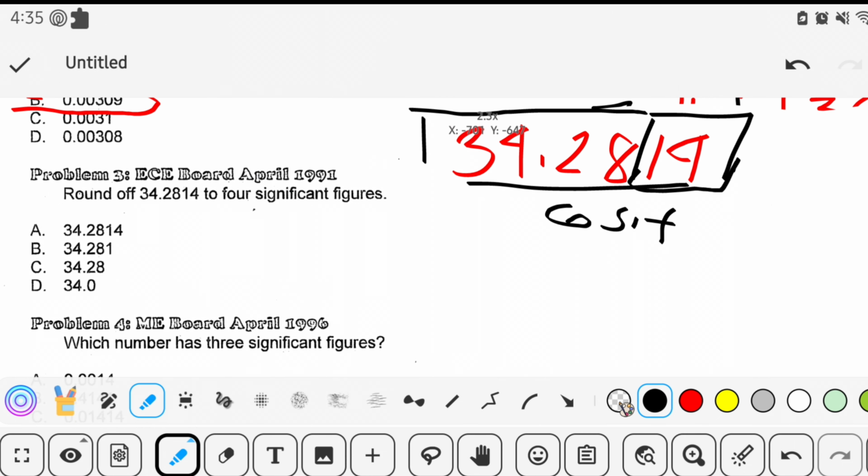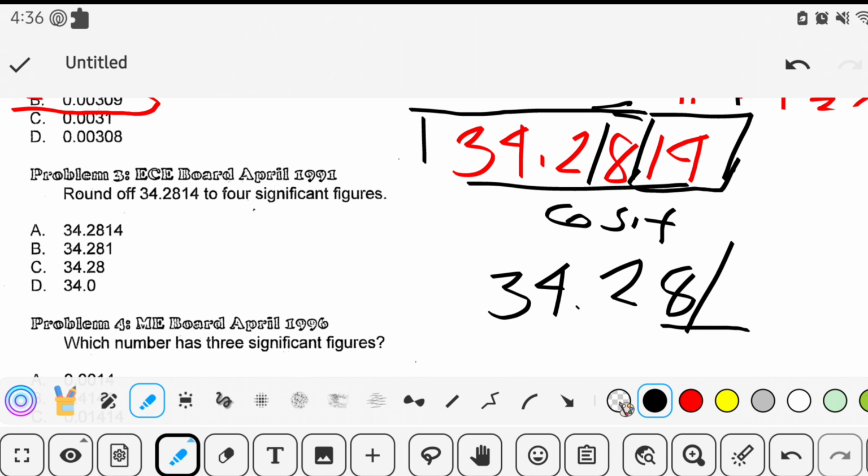But we always have to look at the number next to the 8. So we'll be sure that our answer will be either 34.28 or 34.29, depending on the next number in the given decimal number.